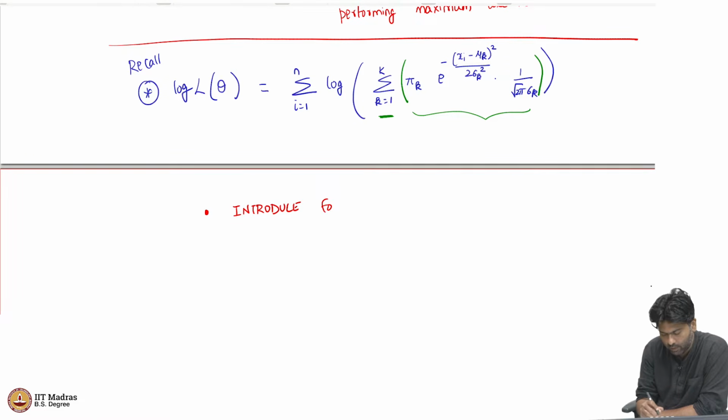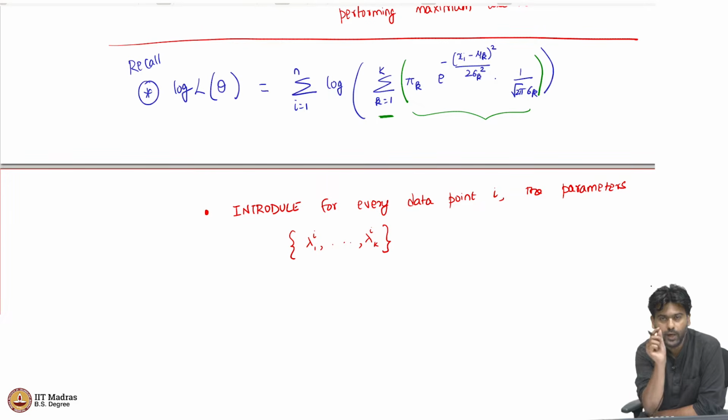For every data point i, we are going to introduce some parameters, and let us call them lambda i1 to lambda iK. So, every data point gets K new parameters.